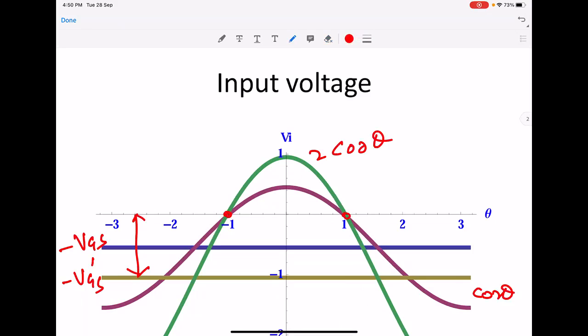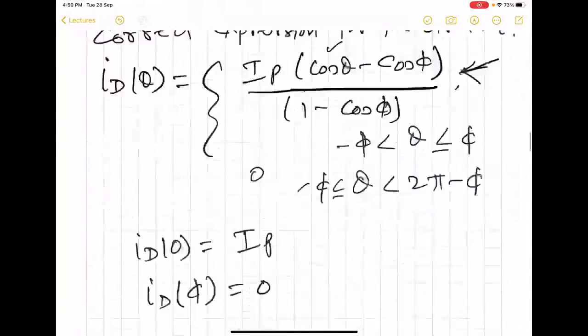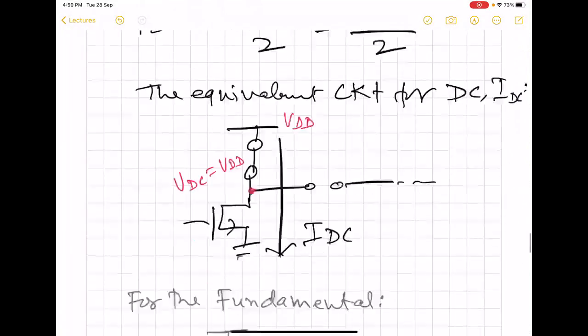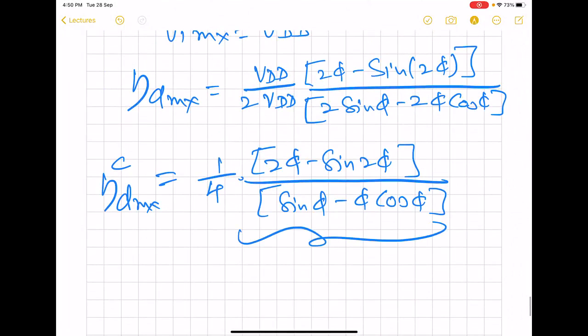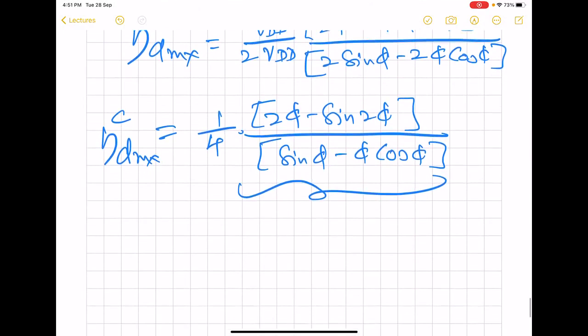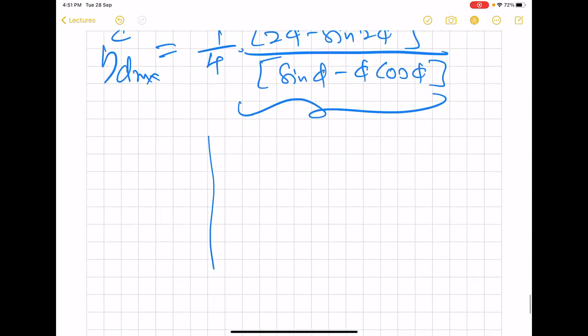So when we try to maximize the efficiency, this is the additional tweaking that we will have to do. Otherwise, this factor will also get modified. This factor. So now we can see that what will be the drain efficiency for various values of phi or the conduction angle 2 phi. So we can tabulate it.